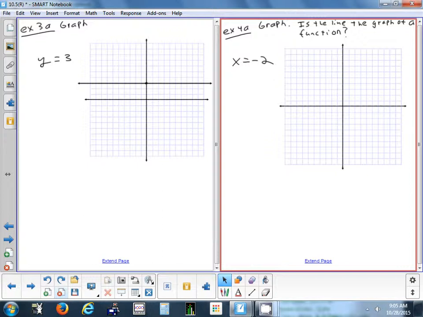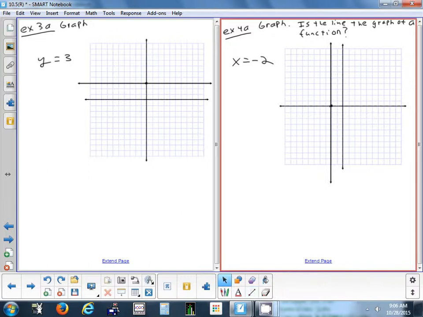Which direction? Left. Left 2, and then is it vertical or horizontal? Vertical. Remember, it's on the x-axis, draw your line opposite of the axis it says.